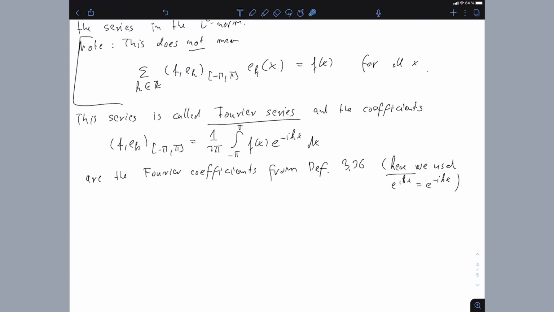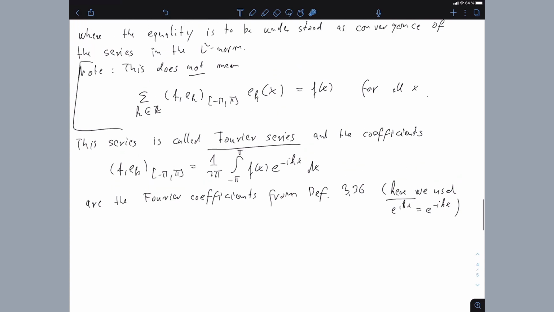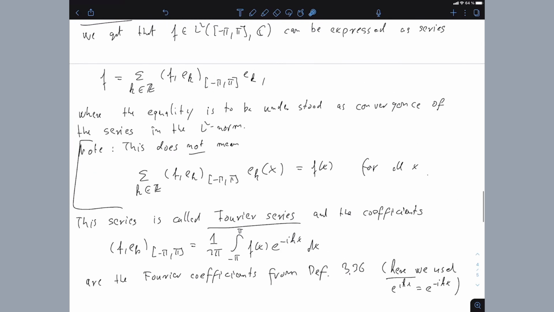So to represent functions on bounded intervals, it is fine to look at countably infinitely many frequencies, where we needed uncountably many frequencies for the case where f was defined on all of R^d.